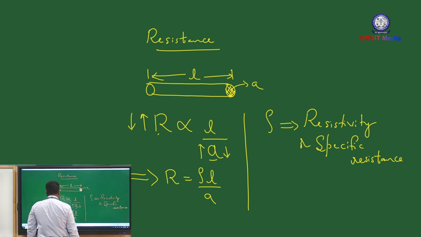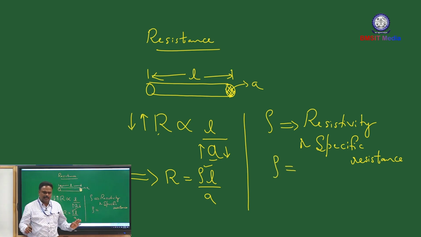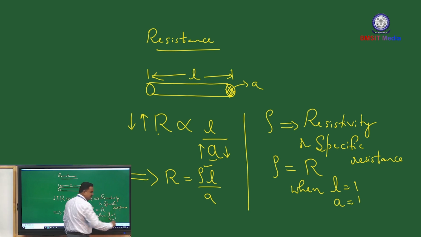So how do you define this resistivity or specific resistance? Resistivity or specific resistance of any material is equal to the resistance of that material when length is unity and area of cross section is unity. Unity means it can be 1 centimeter, 1 meter or 1 kilometer.